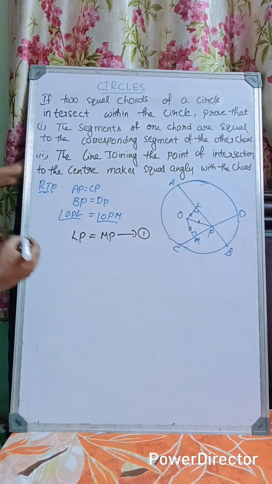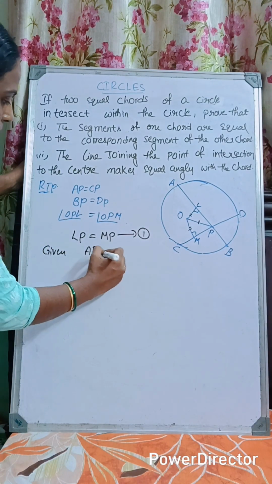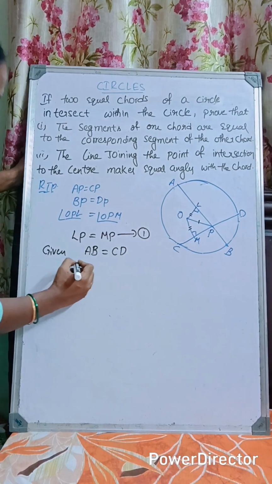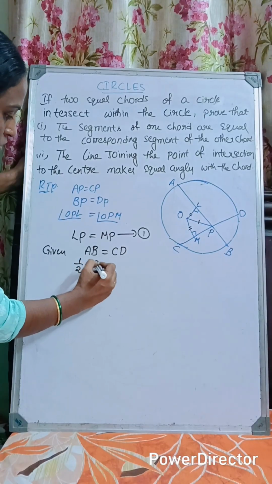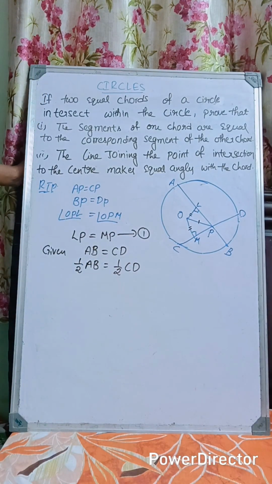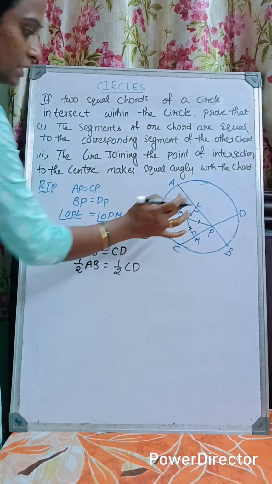Next, from the given data, we have AB is equal to CD. Those two are equal chords, right? Yes. Now, I am going to multiply half on both sides. Half of AB is equal to half of CD. Half of AB, can I write AL?